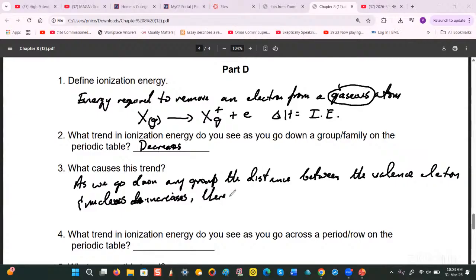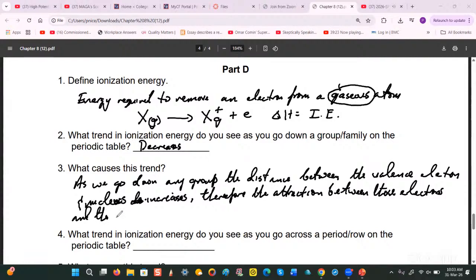Therefore, the attraction between those electrons and the nucleus decreases, making them easier to remove. Easier to remove. And that's it.